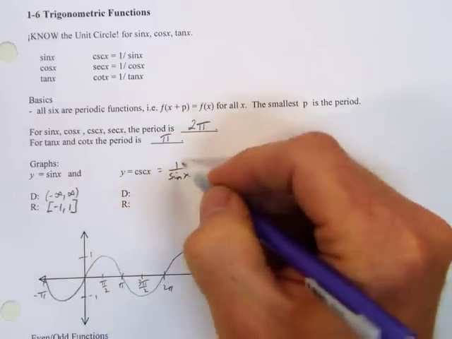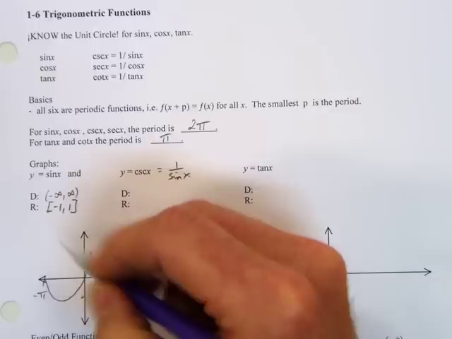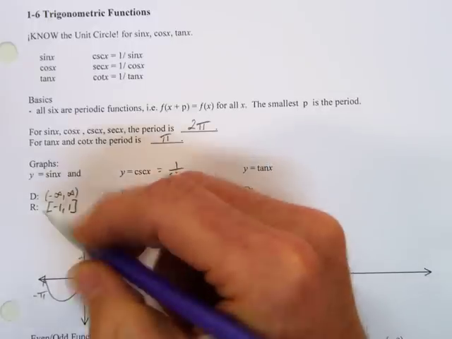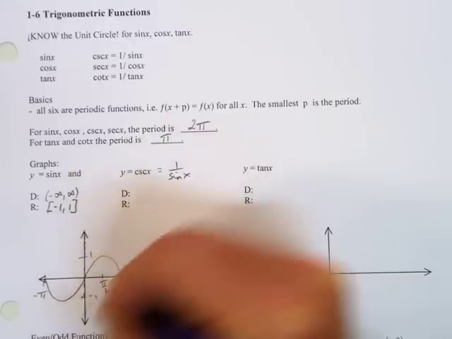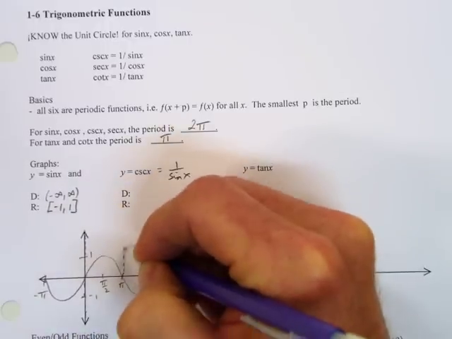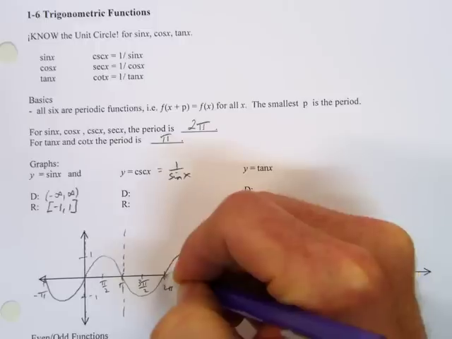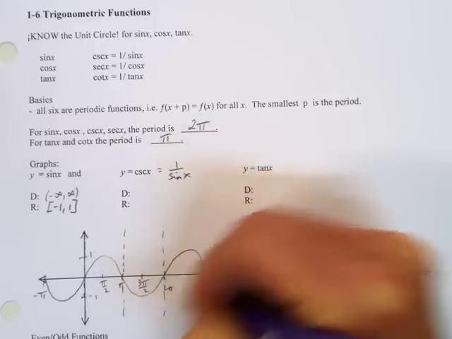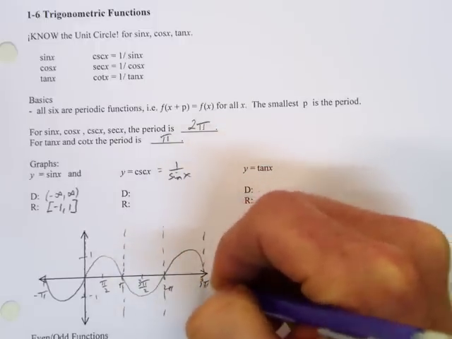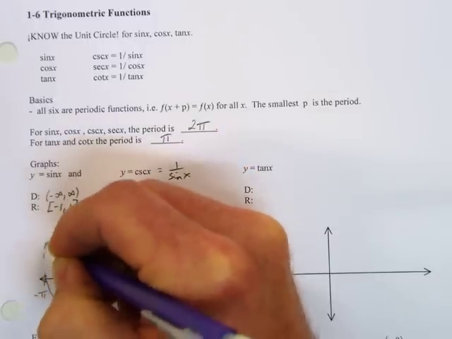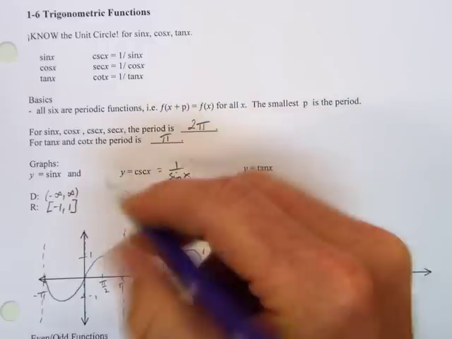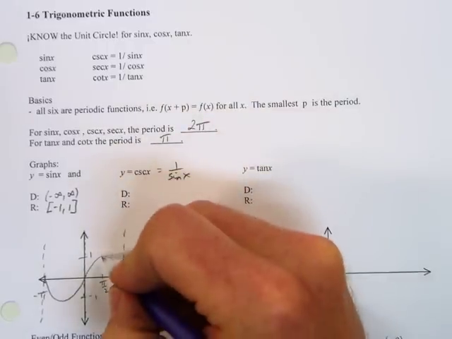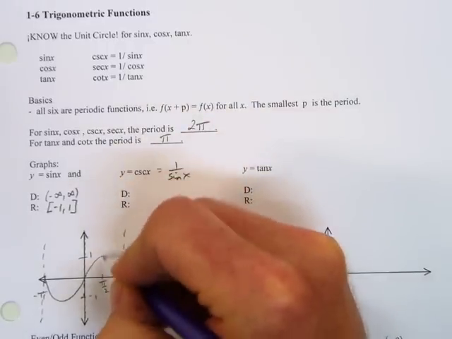Now cosecant. Cosecant's 1 over sine. 1 over 0 would make it undefined, so we'll have an asymptote there. We have 1 over 0 here, 1 over 0. So every place that sine is 0, cosecant will have an asymptote. If we look here and say, okay, at pi over 2, sine is 1, 1 over 1 is 1.